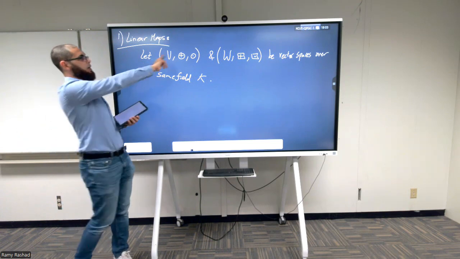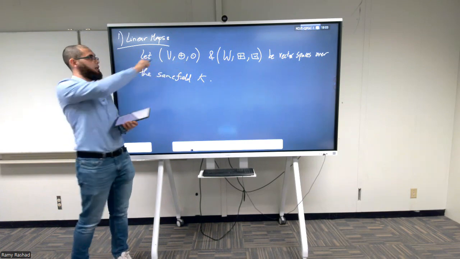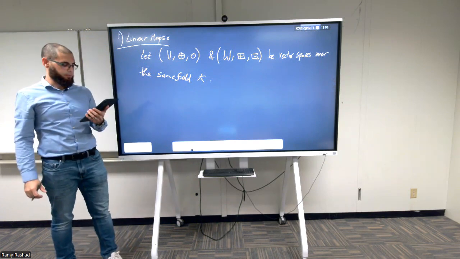You see now here that W comes with different vector addition and different scalar multiplication than that one. That's why we give them different symbols.